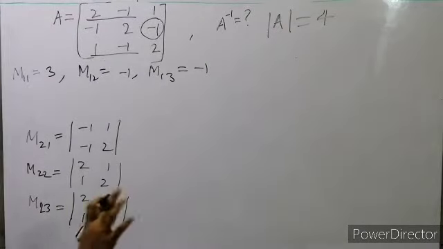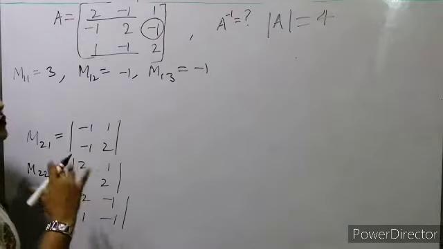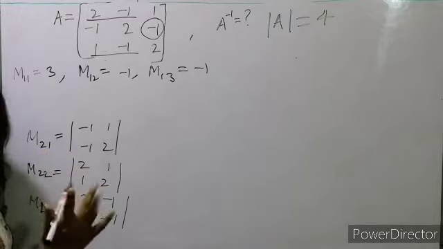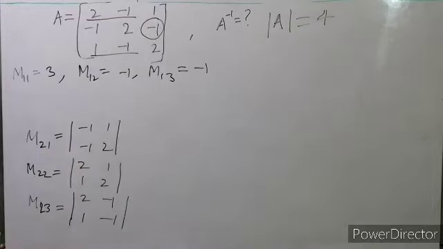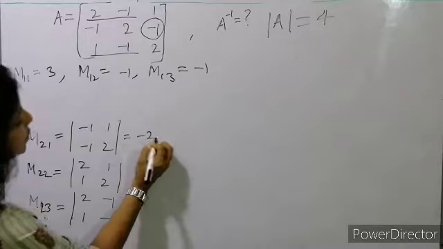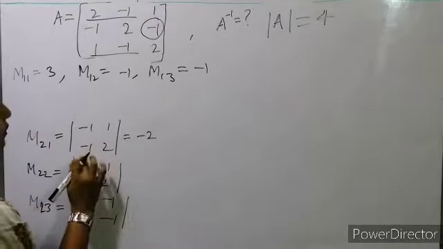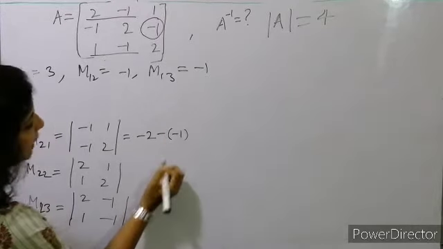So here this is a 3 cross 3 matrix. When we remove one row and one column, we get a 2 by 2 matrix. We have to find out the determinant of that matrix, that will be the minor. Okay, so we'll find out the value. 2 into -1 is -2, -1 into 1 is -1, so -1.